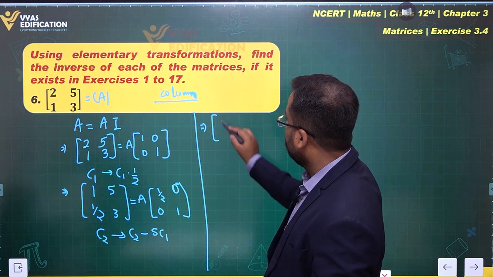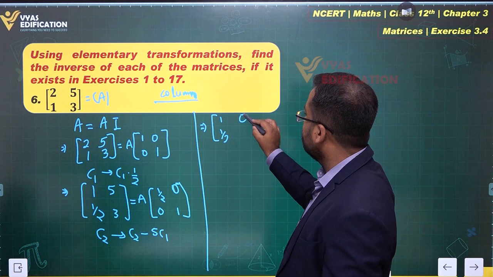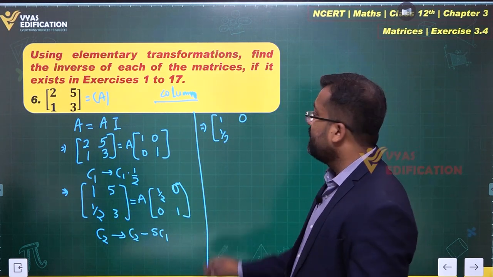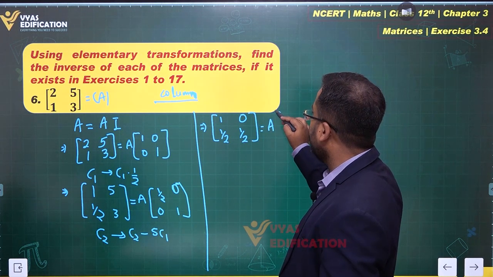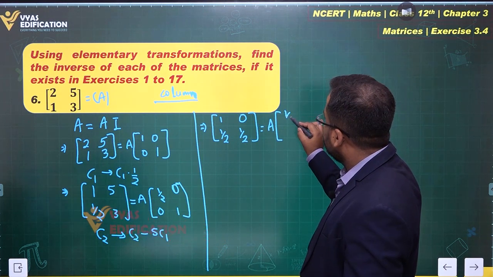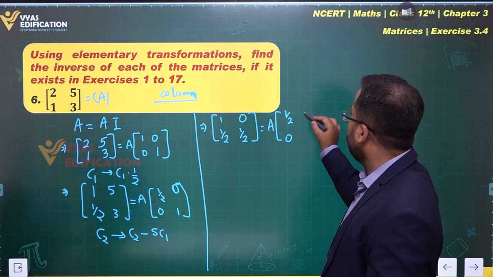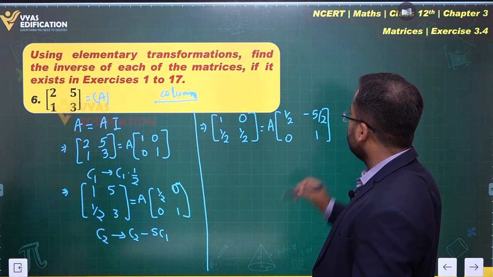So the 1 and 1 by 2 remain as they are. 5 minus 5 times 1 is 0. 3 minus 5 by 2 would be 1 by 2. This is equal to A times what we have on the RHS: C1 remains as it is, 1 by 2 and 0. 0 minus 5 by 2 would be minus 5 by 2. 1 minus 5 times 0 is 1 only. This is what I have, right?